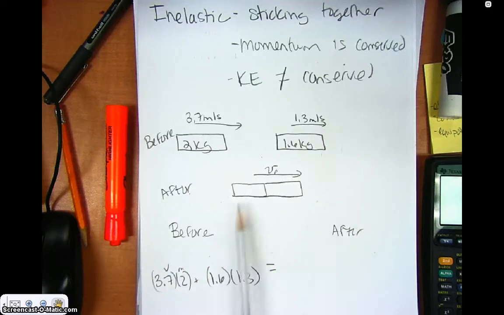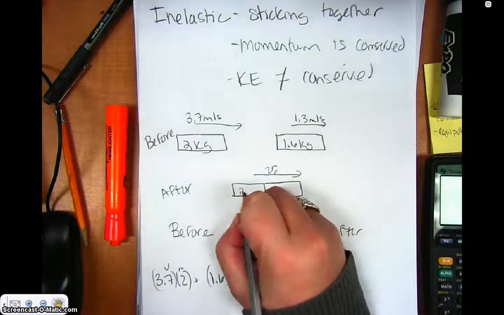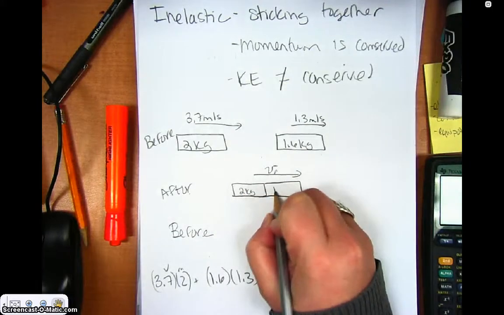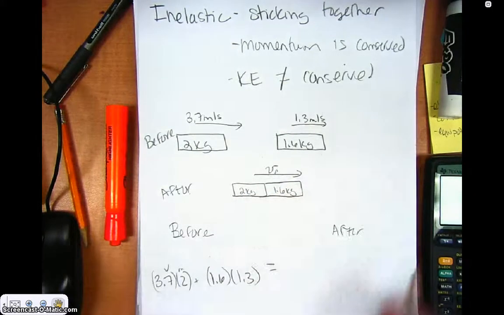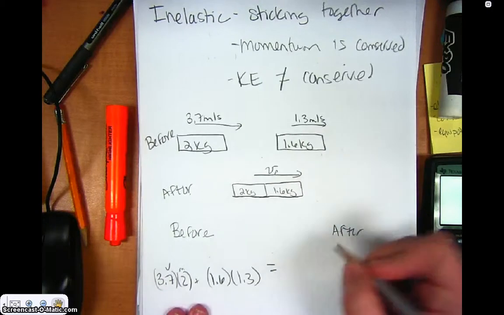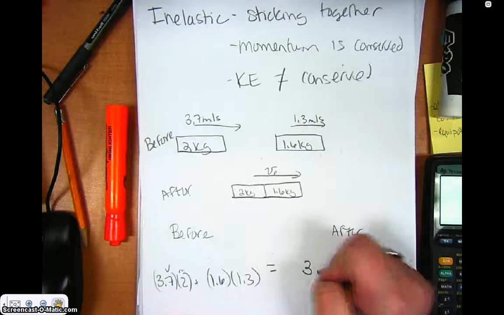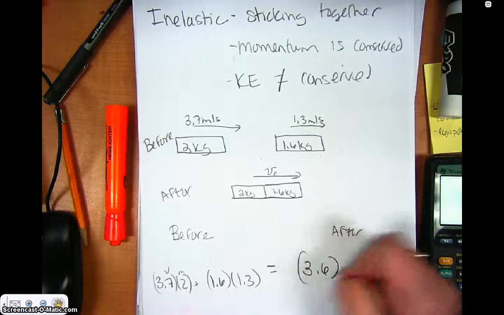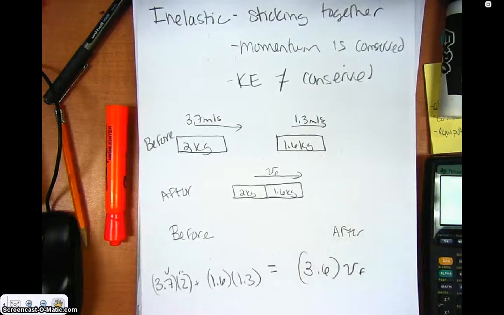Once they have hooked together, they're moving as one thing. So instead of two momentums over here, we only have one momentum because they're stuck together and now they're just one object of a certain mass moving away. The total mass over here is 3.6. Then I would solve for the final velocity.